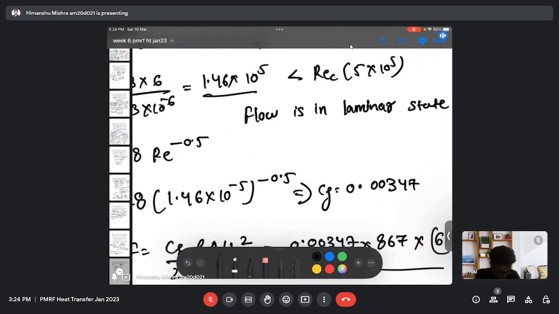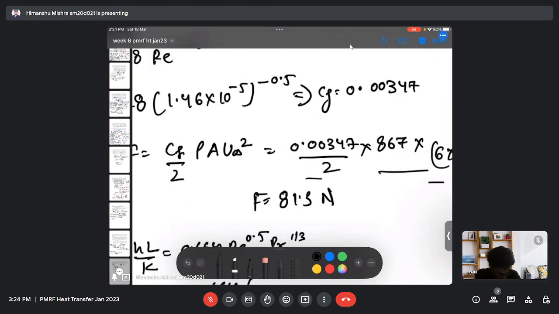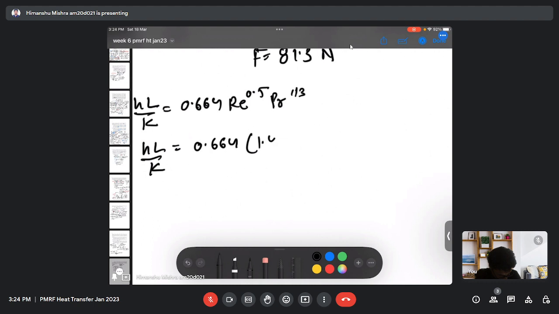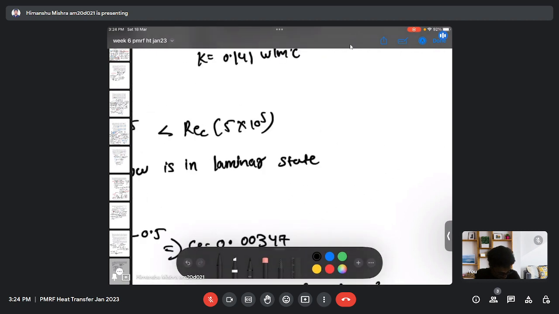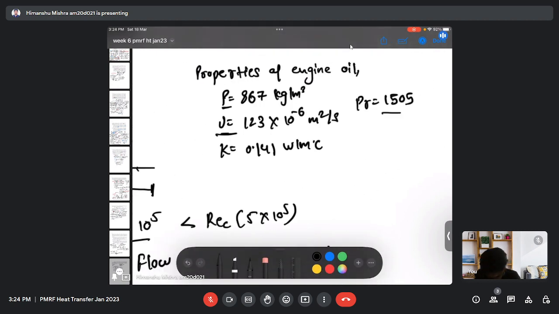My Reynolds number is this 1.46 10 to the power 5. My Prandtl number is 1505.